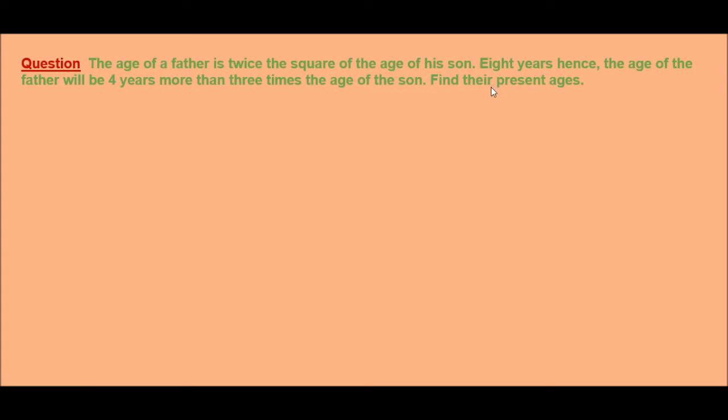The final sentence, the third sentence, is the question: find their present ages. The first two contain the information. We'll be having one equation from the first sentence, and another equation from the second sentence. So let's start answering.